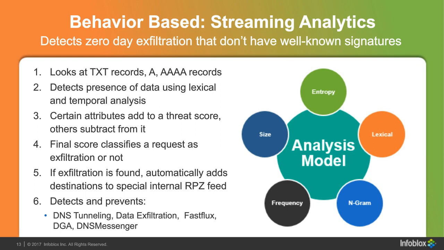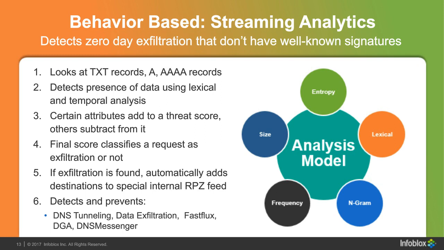These are zero-day threats that are harder to detect, and the best way to detect them is using behavior-based analytics. What I mean by that is looking at DNS queries going out in real time and looking for patterns, like looking at TXT records or looking for the presence of data using lexical and temporal analysis.